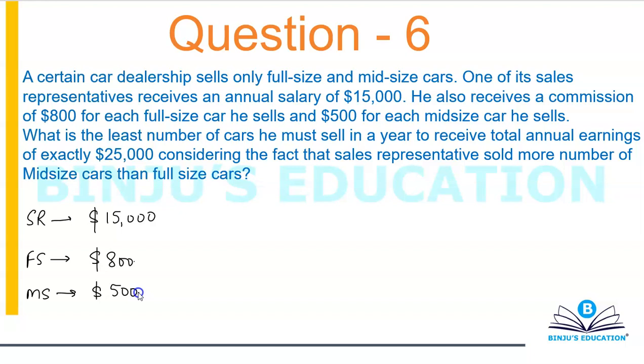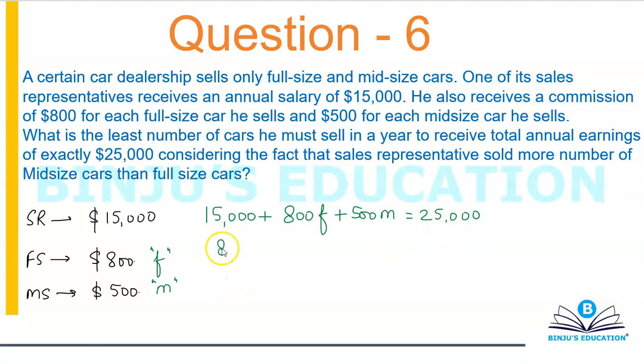Okay, so let's do one thing. Let's assume that the number of full size cars he sold was F and number of mid size cars he sold was M. So I can say that 15,000 plus 800F plus 500M, this should be equal to 25,000.